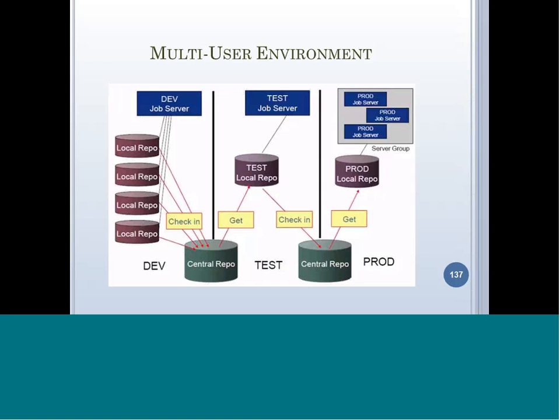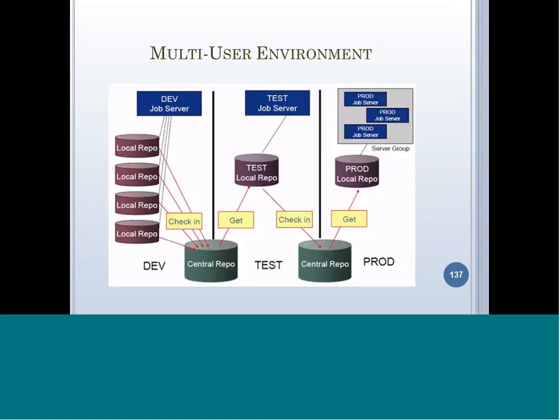But in the development environment, we have 4 local repositories. It means 4 developers have their own local repositories and are working on them. That is what I meant by a multi-user environment.